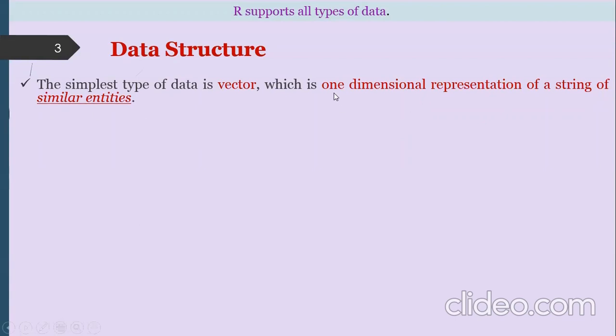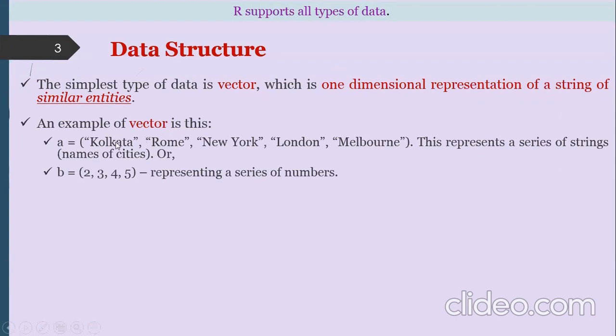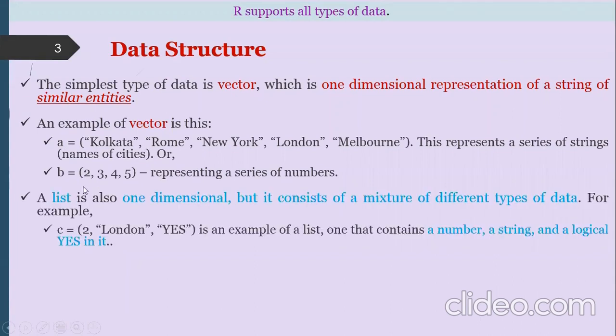It is not one entry but a combination of entities, and they need to be similar. For example, if A is a vector, A will have the names of cities or numbers.